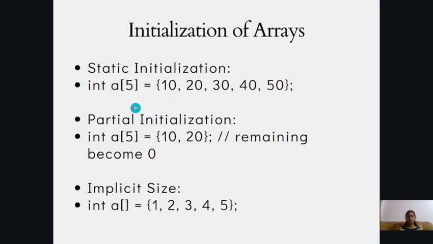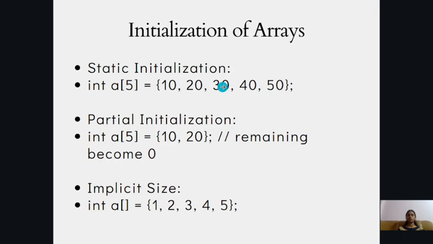I told you that this 5 is taken as the index or subscript, right? So this 10 is at index 0, this 20 is index 1, and so on, up to 40 at index 3, and 50 at index 4. So the index starts with 0.